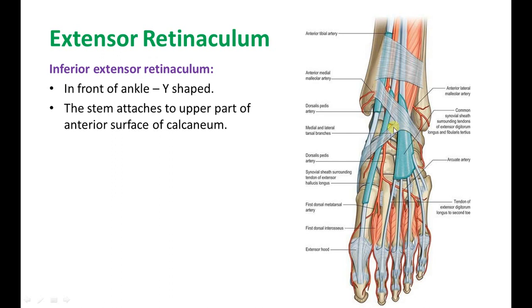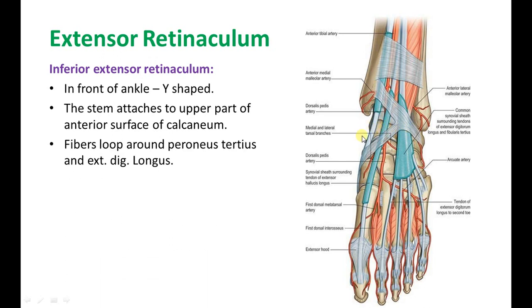The fibers pass laterally and wind around the tendons of the peroneus tertius and extensor digitorum longus. They form a loop and then again come back to the calcaneum itself. Mainly the fibers from the stem loop around the extensor digitorum and peroneus tertius.